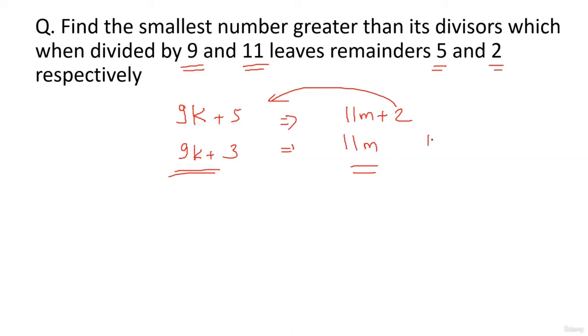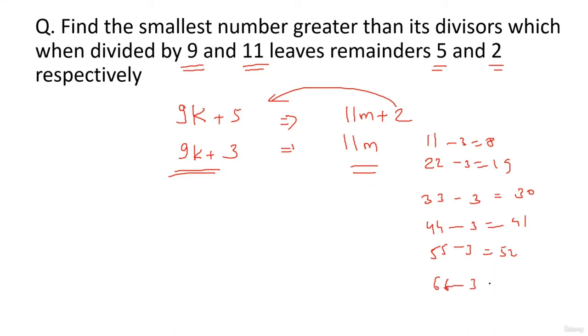So we can see 11, 22. 11 minus 3 is 8, 22 minus 3 is 19, not multiples of 9. 33 minus 3 is 30, 44 minus 3 is 41, 55 minus 3 is 52, 66 minus 3 is 63, yes, right? So basically this is 11 into 6 giving you 66. And on the left hand side, it is 9 into 7, 63 plus 3, again giving you 66.